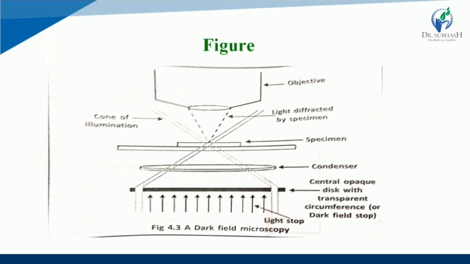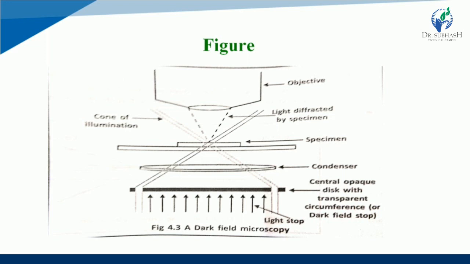So when light passes through a sharp edge or narrow slit and the rays are deflected, that is called diffraction. So the objective is present, below the objective the specimen is present, and light is diffracted by the specimen and the cone of lighting.